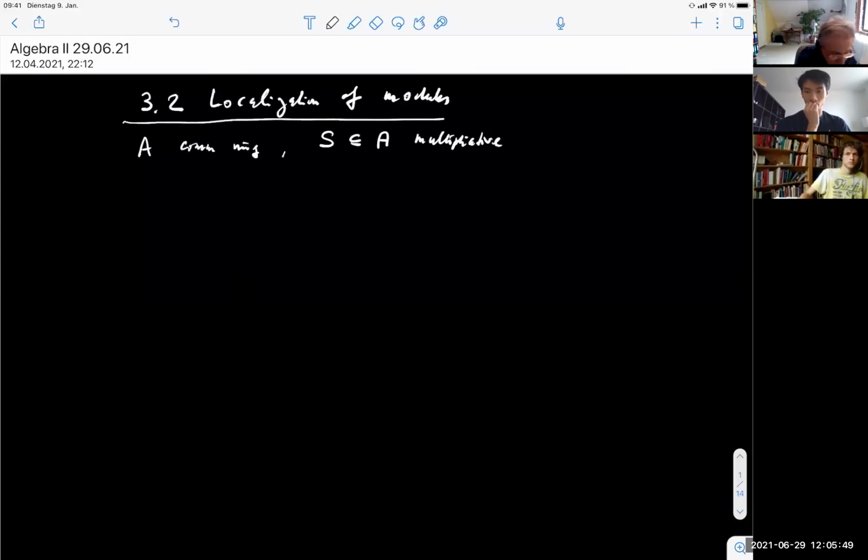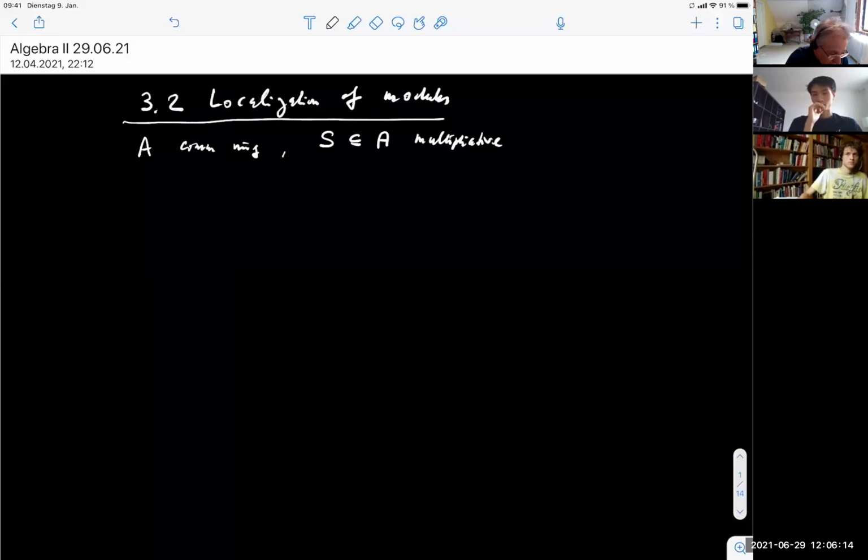Multiplicative means it contains one and it's closed under multiplication. So for instance, it can consist of the powers of some fixed element, or another important situation is the complement of a prime ideal. So these are the most important special cases.